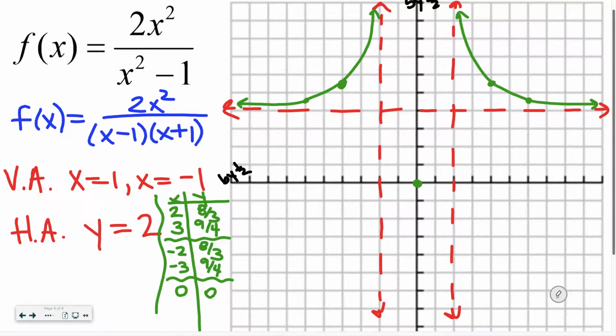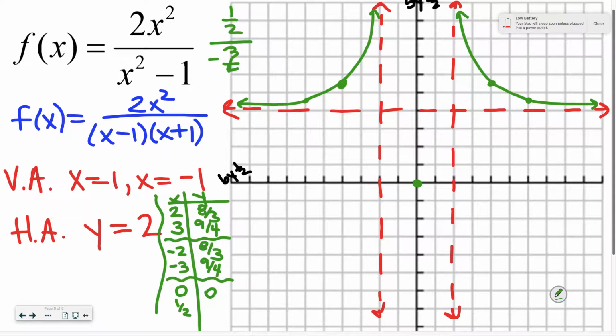Okay, someone else suggested, well, we can plug in 1/2, right? Okay, well, what is 1/2 squared? 1/4. Times 2. 1/2. Okay. And then 1/2 squared, 1/4 minus 1. Uh-oh.